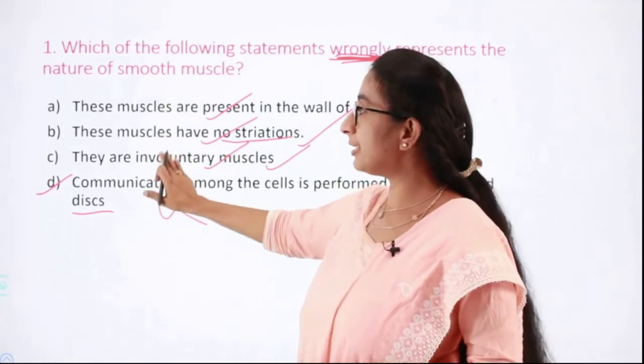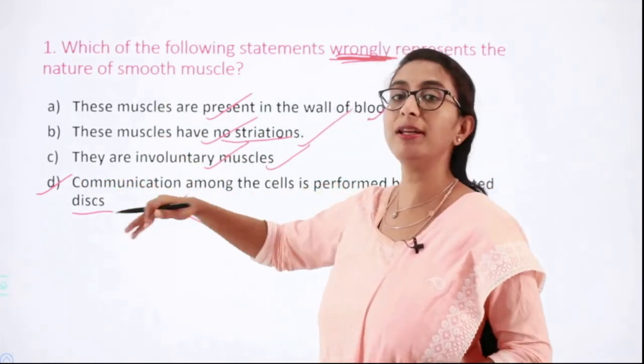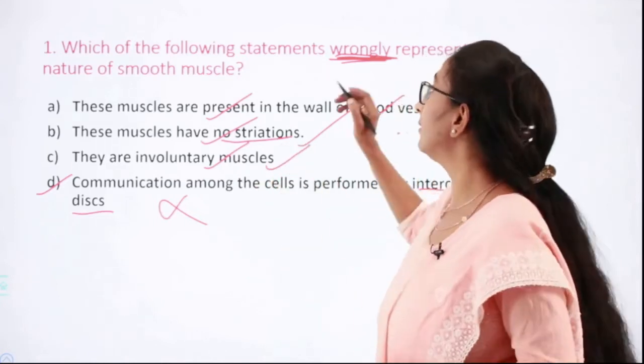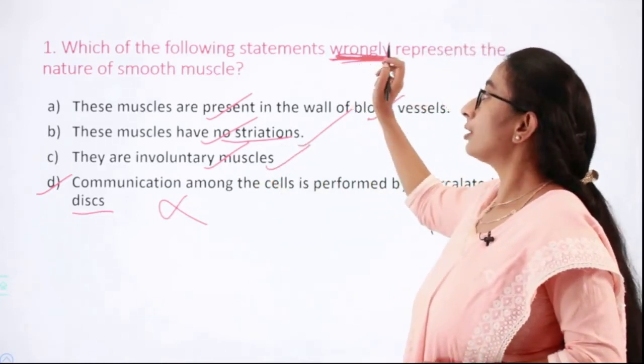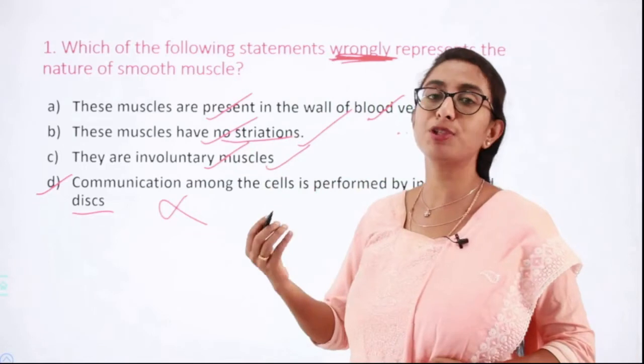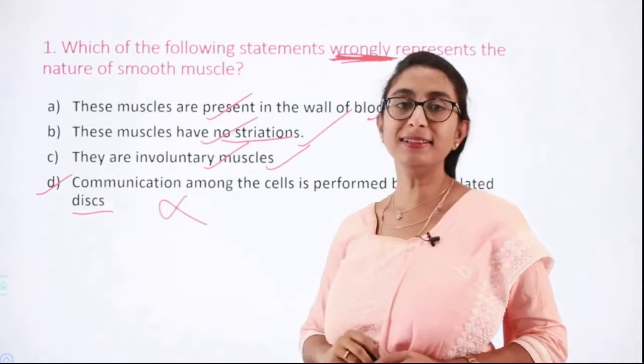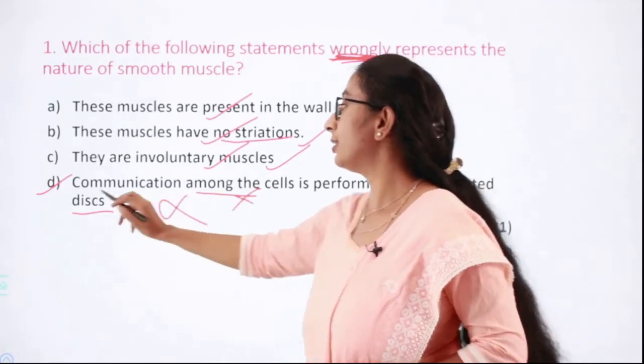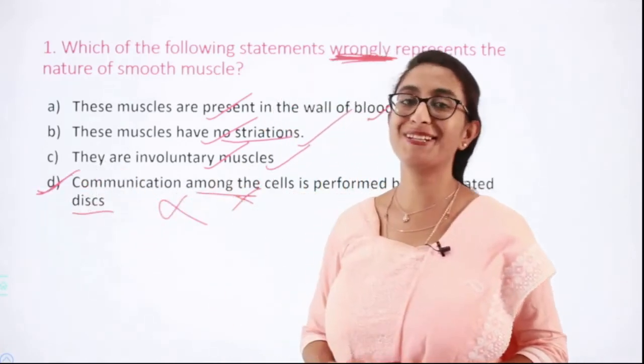They would have given these three options and the fourth one would have been all of the above. Then all of the above would have been the right answer. Whereas here they are asking which of these statements is wrong about the smooth muscle. So D is the wrong statement. So D is the right answer option.